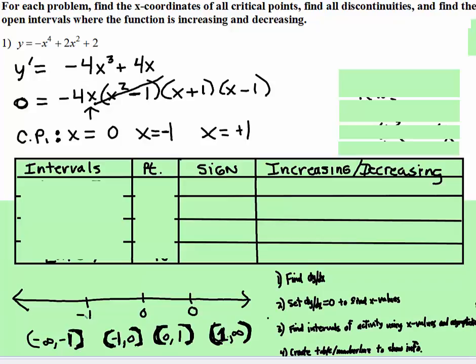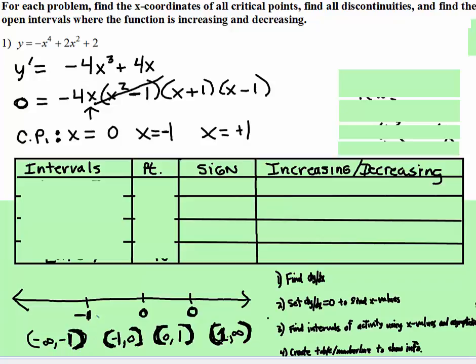And down here on the number line, I created a number line with those 3 critical points. All right, so now we have our intervals. So we have negative infinity, this is an open interval, up to negative 1.